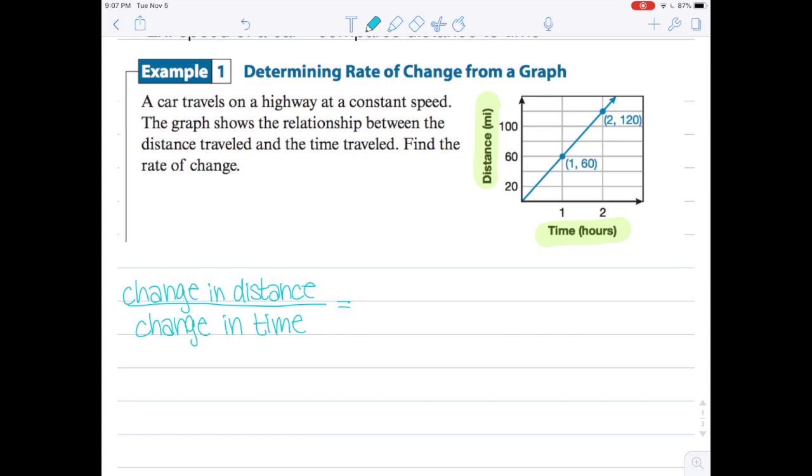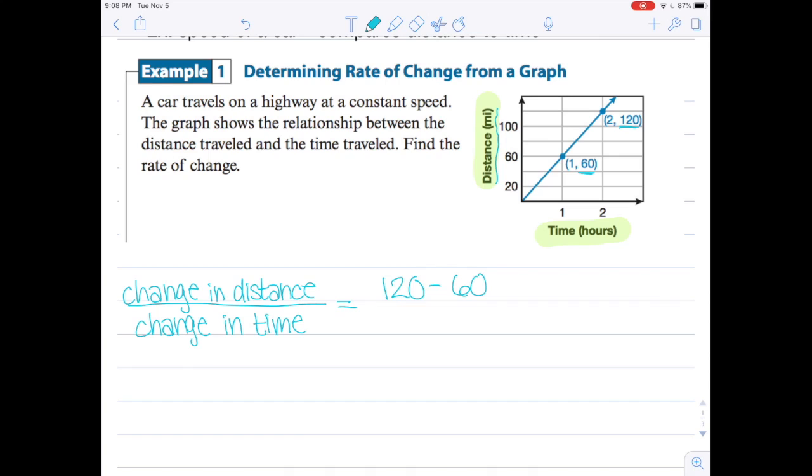So, looking at our graph, change in distance. Well, this side over here is distance, so we need to look at the second number, the y value. So I'm going to do 120 minus 60 so that I get positive numbers. It's a little easier on yourself.